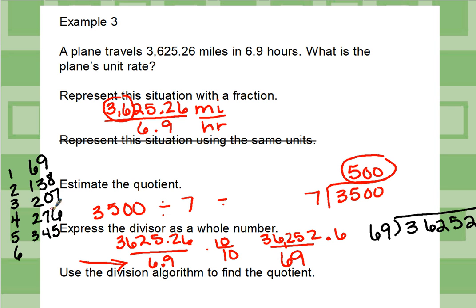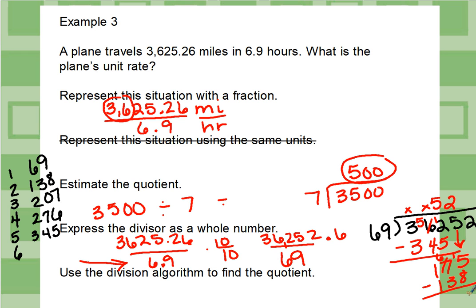All right, here we go. 69 cannot go into 3, cannot go into 36, but it can go into 362 5 times, which was 345. And when we subtract, we're going to get 17, which is good because it's smaller. Bring down our 5. 69 goes into 175 only 2 times, which was 138.